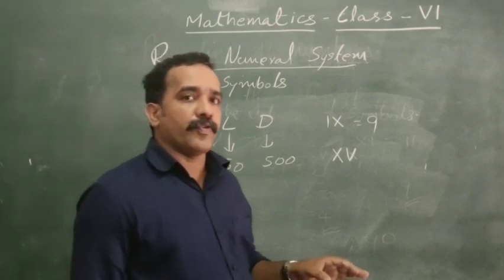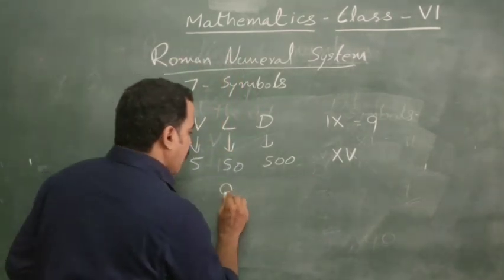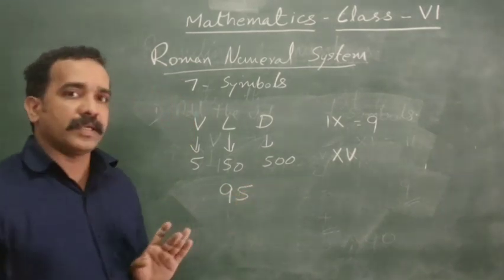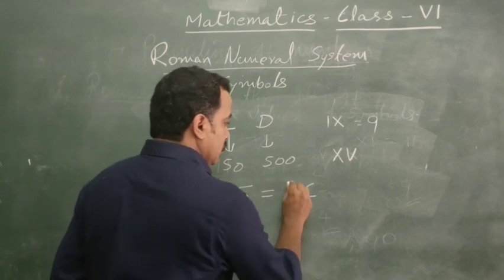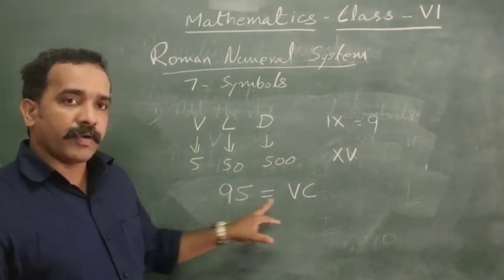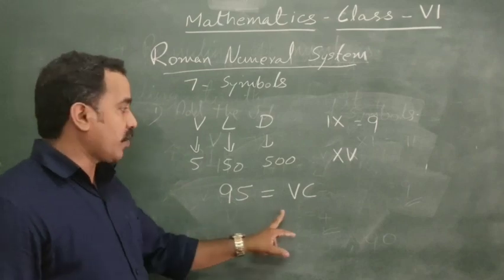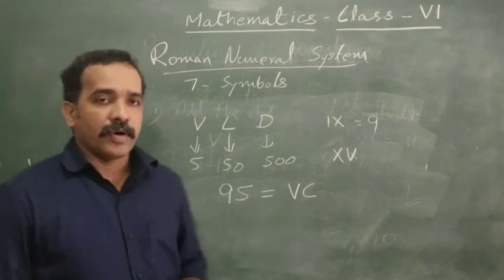And suppose you want to write the number 95, you may think C is 100, C minus 5, 100 minus 5, 95. This is wrong. You cannot write 100 minus 5 for 95.